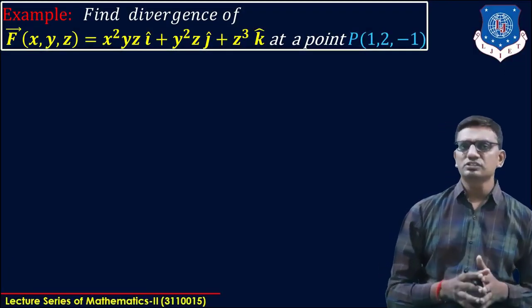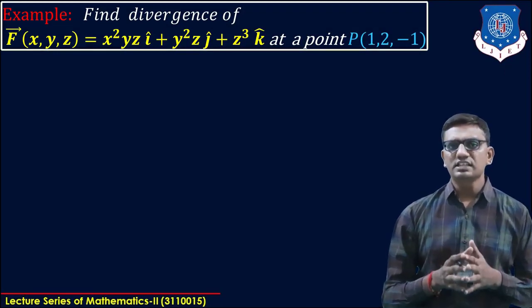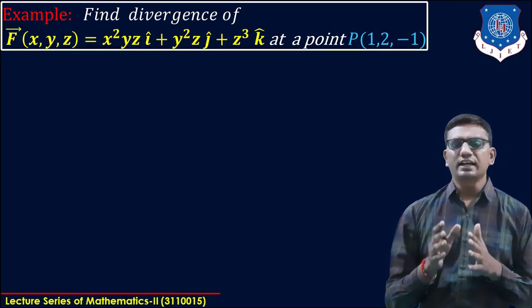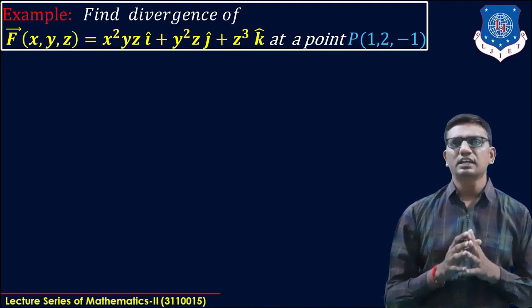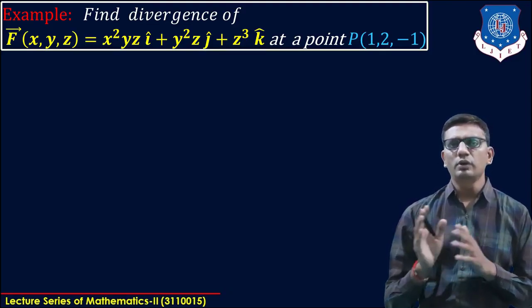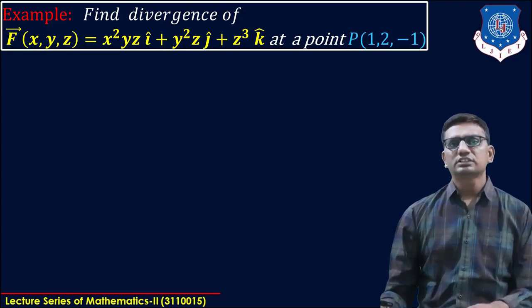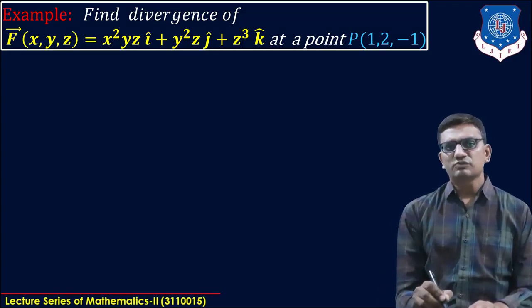Here, find the divergence of f bar, where f bar is equal to x square yz i caret plus y square z j caret plus z cube k caret at a particular point (1, 2, minus 1). Let us start with the divergence formula.